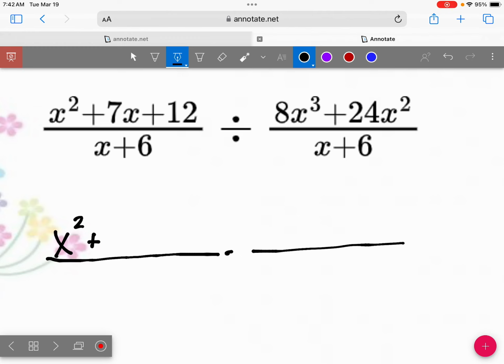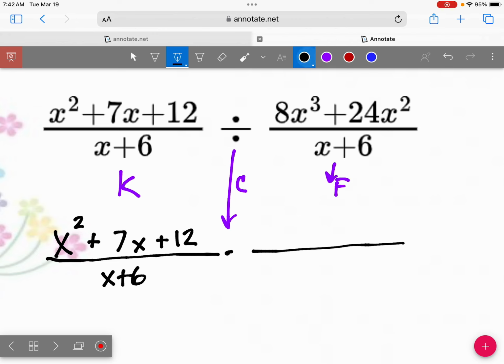So we're going to have our x squared plus 7x plus 12 over x plus 6. That's the one I keep. I change my sign, goes from division to multiplication. And then we're going to flip this fraction.